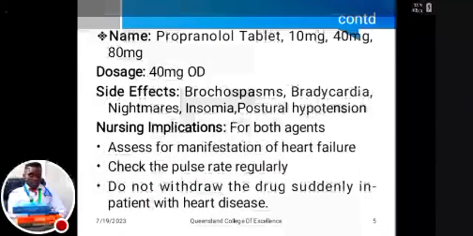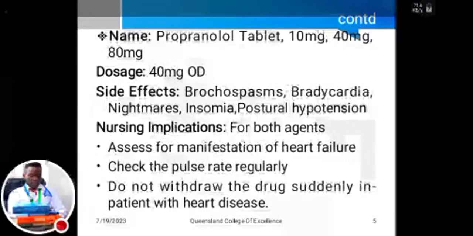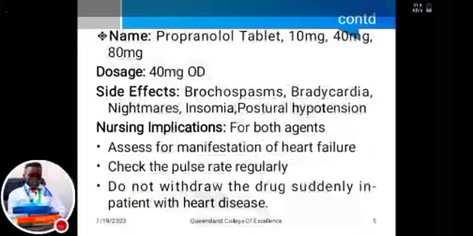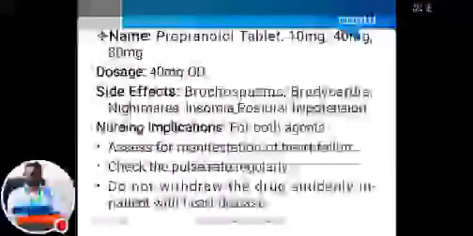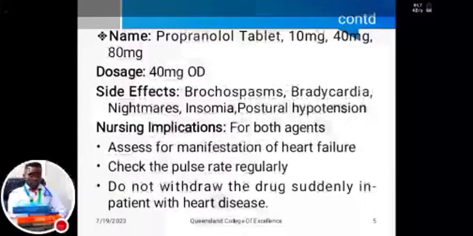Then what does it do? It converts angiotensin 1 to angiotensin 2. Now, when this drug, the ACE inhibitor, is given, it inhibits the conversion of angiotensin 1 to angiotensin 2.